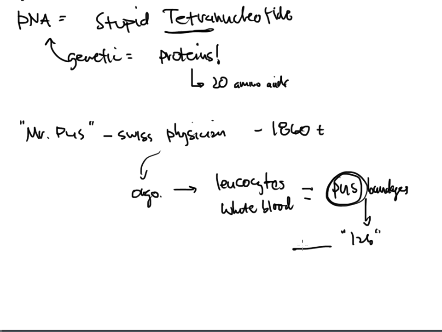Well, what he discovered is that he could extract the pus, and in particular the white blood cells, by using salt. And this salt was a solution of sodium sulfate.